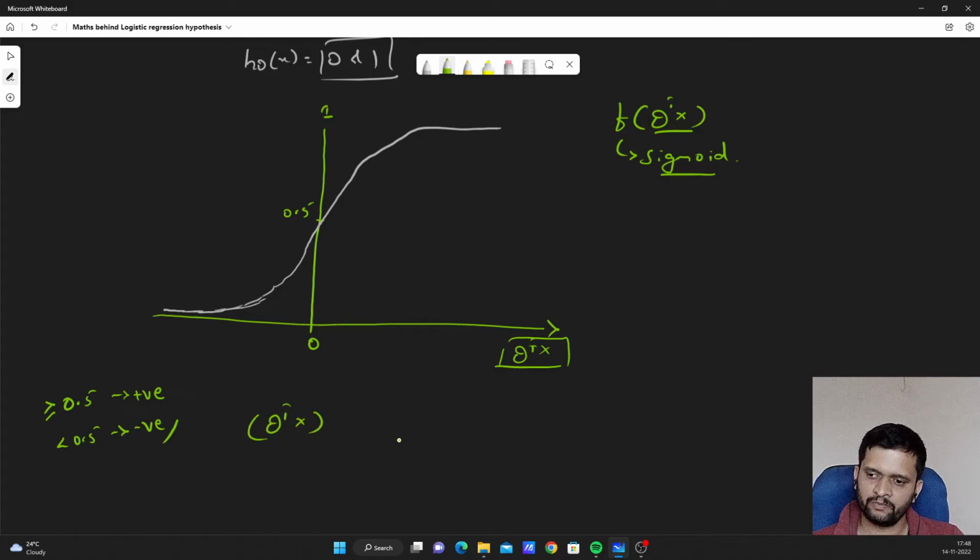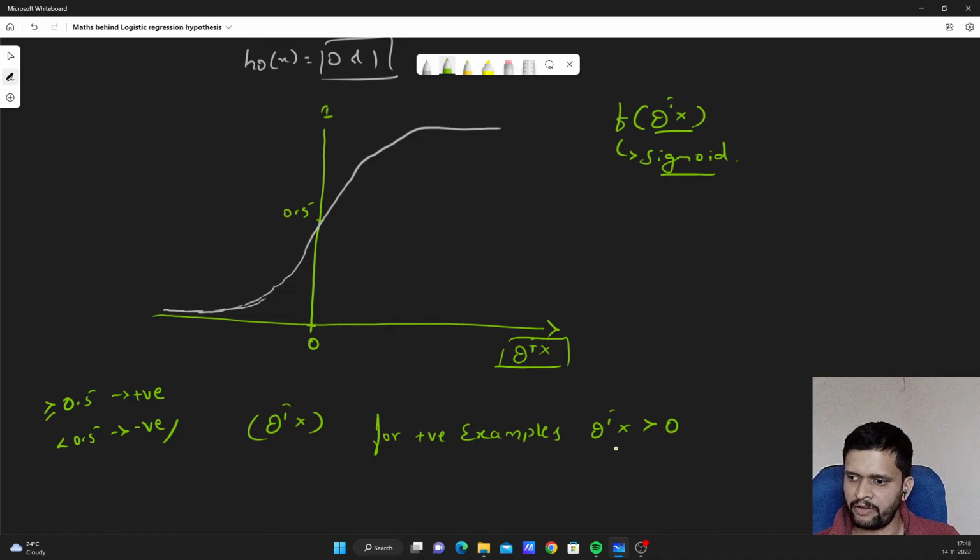For positive examples, we want our theta transpose x to be greater than 0, because at 0, the sigmoid curve passes through 0.5, and since we have set the threshold as 0.5, we want our theta transpose x to be greater than 0 for all the positive examples, okay.